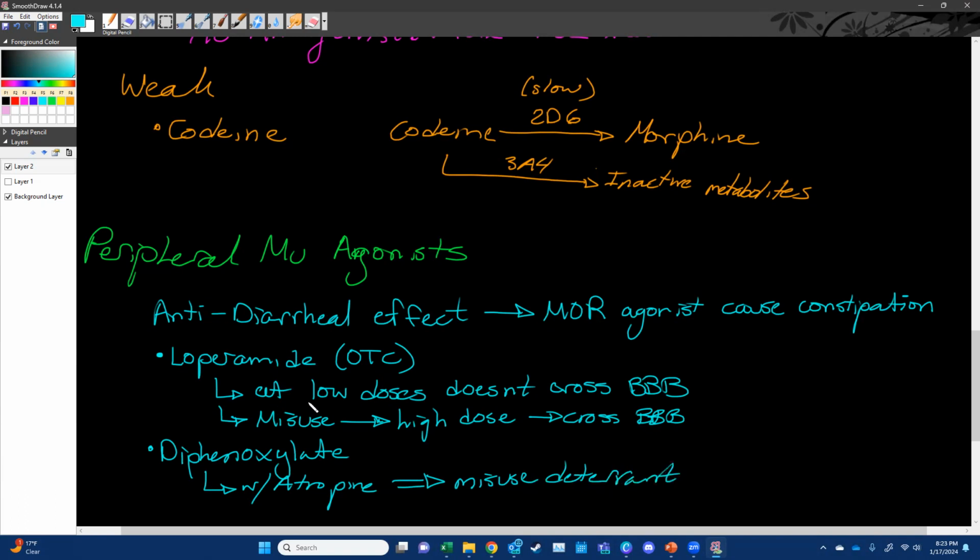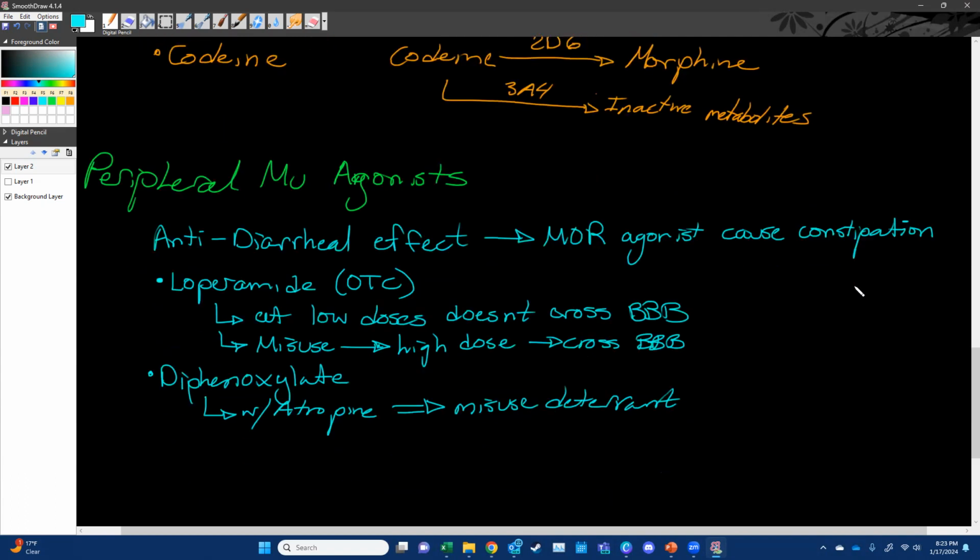Unlike loperamide, diphenoxylate can cross the blood-brain barrier more easily. And so if you took enough of diphenoxylate at a time, you would be able to get that high. What atropine does, as we remember, as a muscarinic antagonist, is it's going to make you feel terrible. And so it's going to stop you from wanting to do it again.